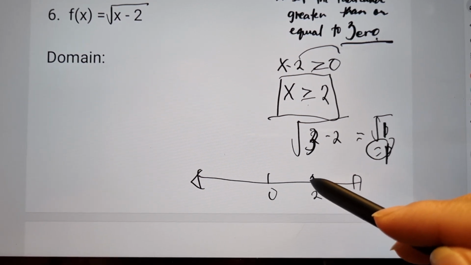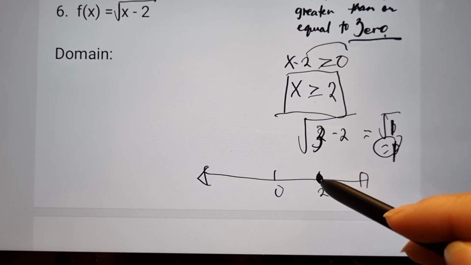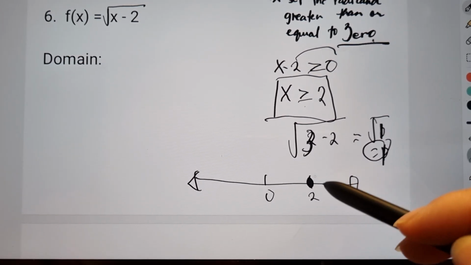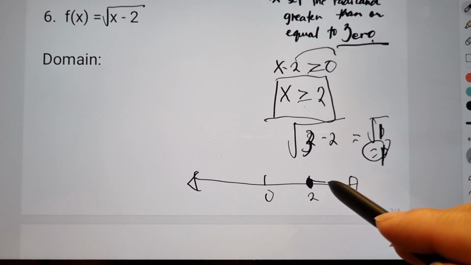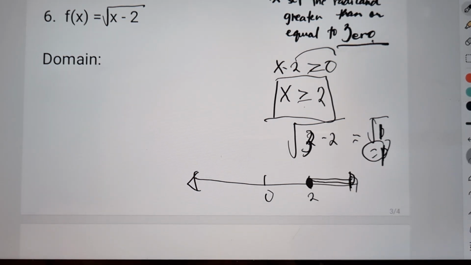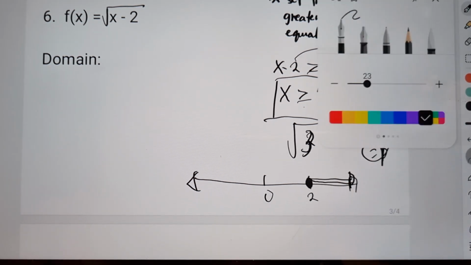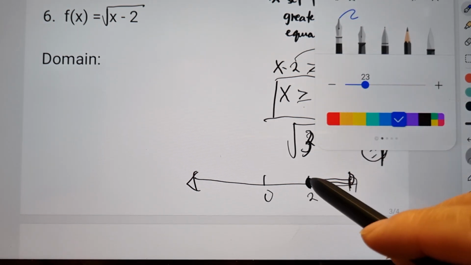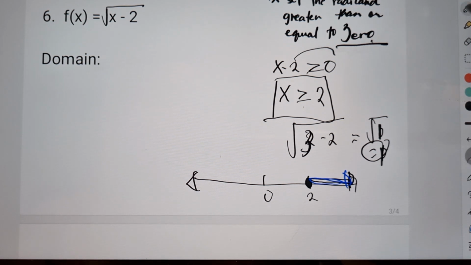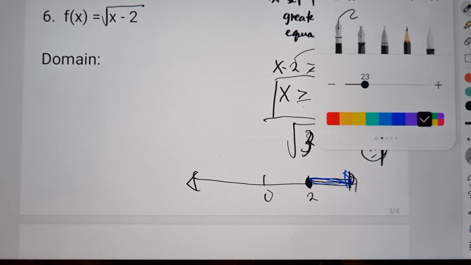Since equal siya, ibig sabihin, solid, shaded ang circle, dahil kasama siya, and that would be going to the right. That's the graph. So, ito ngayon ang graph natin.